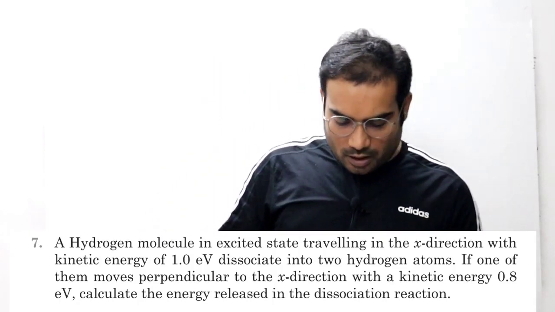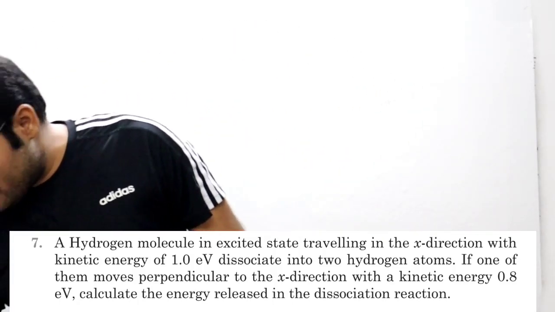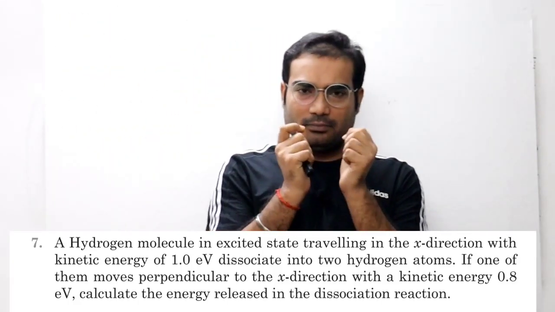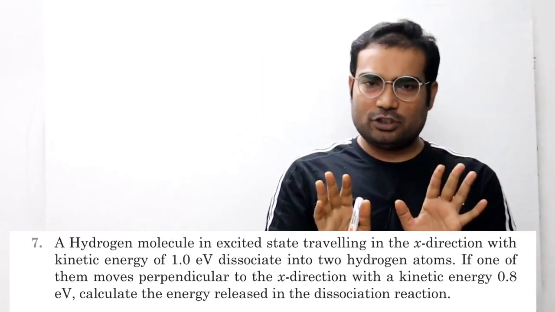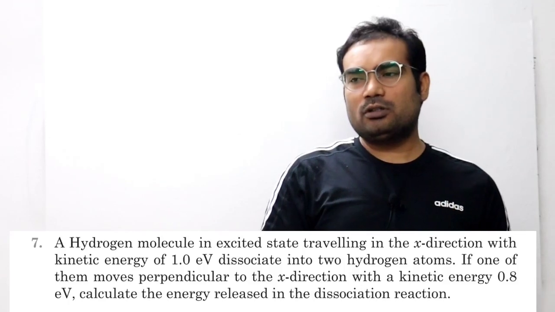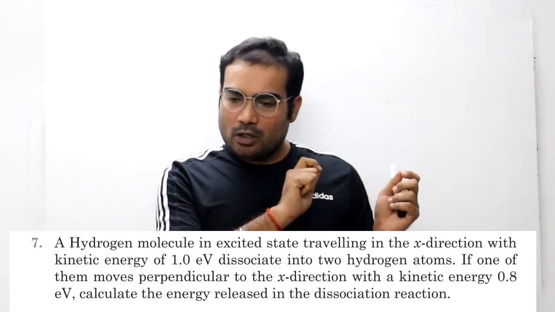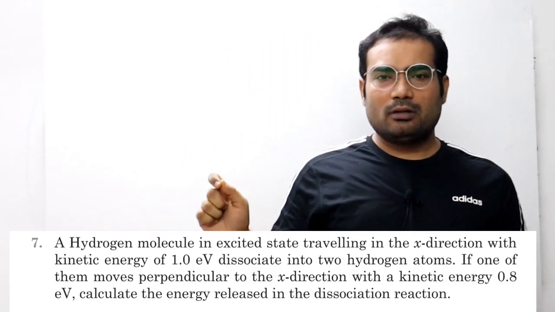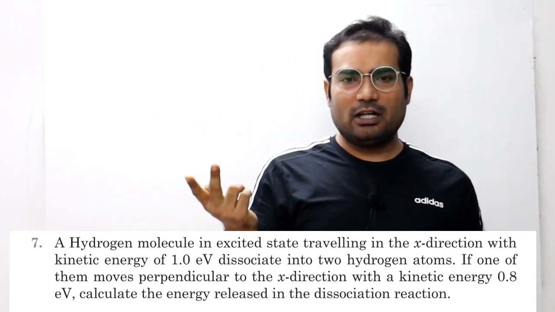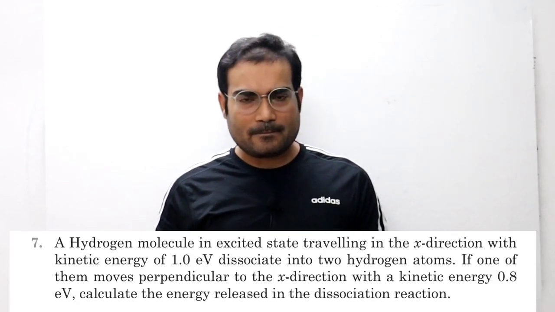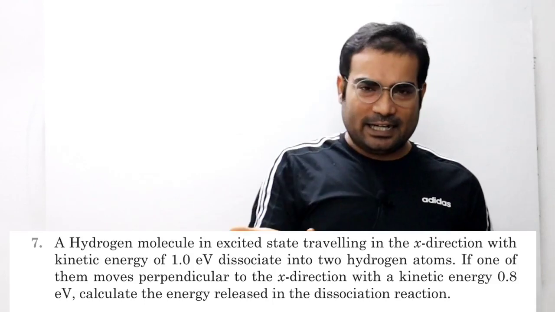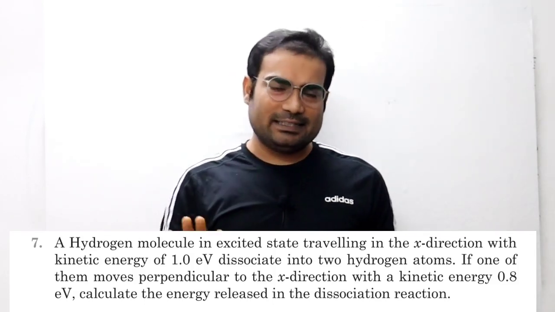First of all, understand that this molecule has two hydrogen atoms and moves with some kinetic energy, which is given as 1 electron volt. During motion, it dissociates into two individual hydrogen atoms, and one hydrogen atom starts to move in the y direction with some kinetic energy, which is also given.